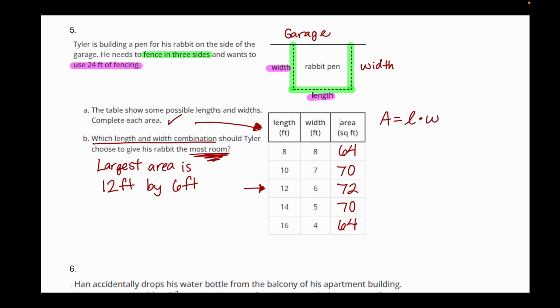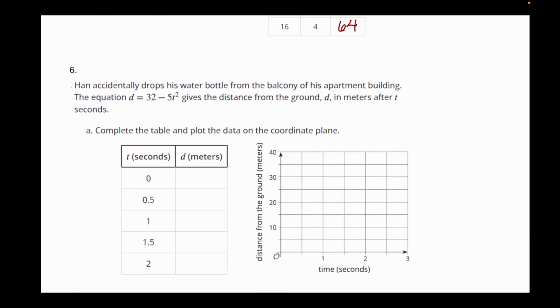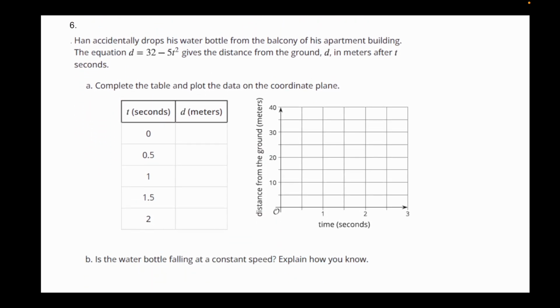That's question number 6. So in question 6, Han accidentally drops his water bottle from the balcony of his apartment building. So he's dropping it accidentally. Hopefully it survives the fall. Or maybe it's just plastic and it's not going to damage. Who knows?